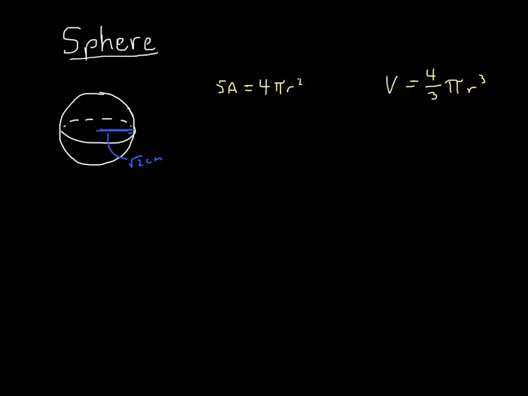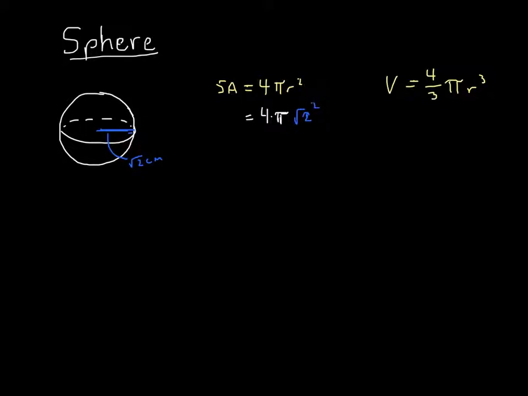Radius of a sphere is radical 2 centimeters, and we need to find the surface area and the volume. So formulas are there. All we're going to do is plug in. So using my formula, 4 times pi times, we said the radius is radical 2. So there's my radius, and of course I have to square it per the formula.